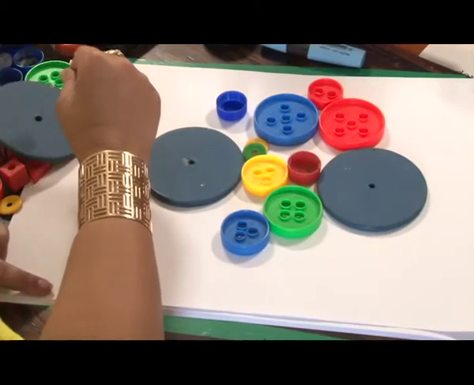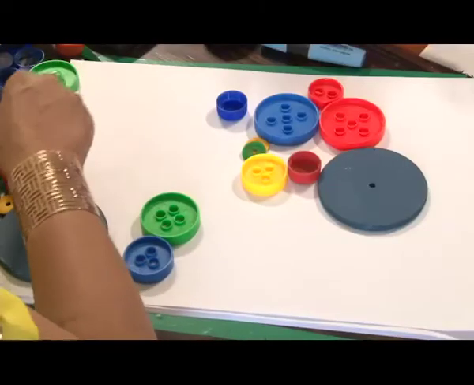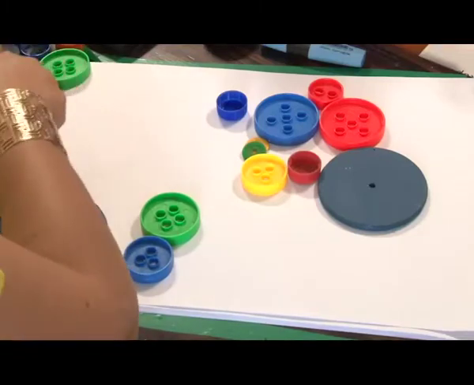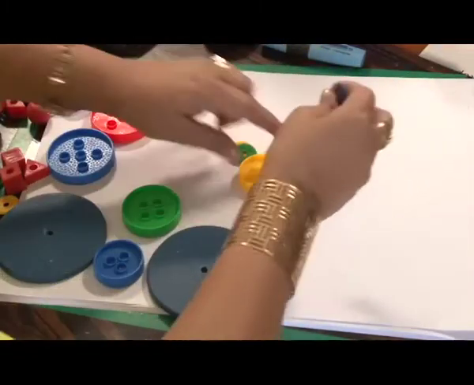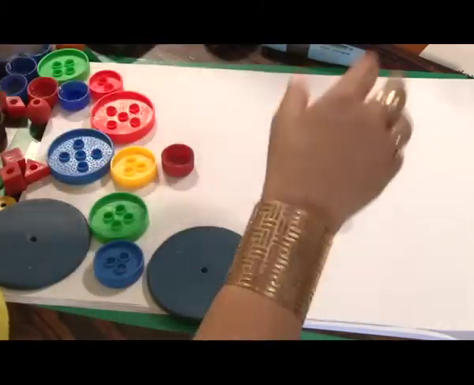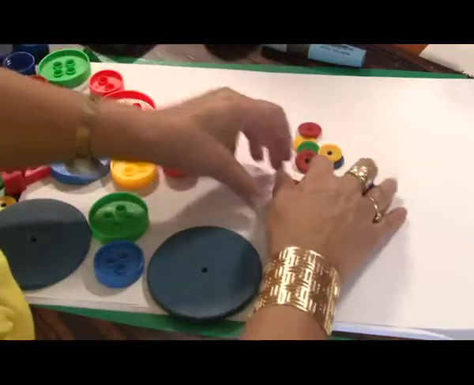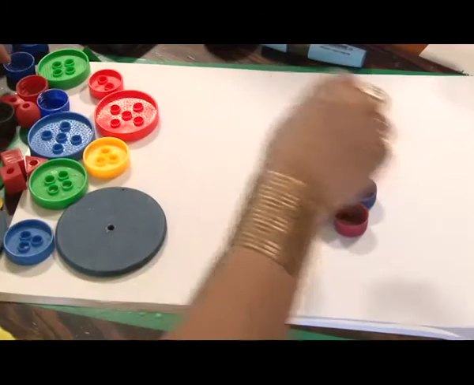Another concept for classifying is size. Again, color doesn't matter, shape doesn't matter. Now we only concentrate on the size. So everything with the same size, any object with the same size, I go out and I go find all my objects that have the same size, and I put them together.